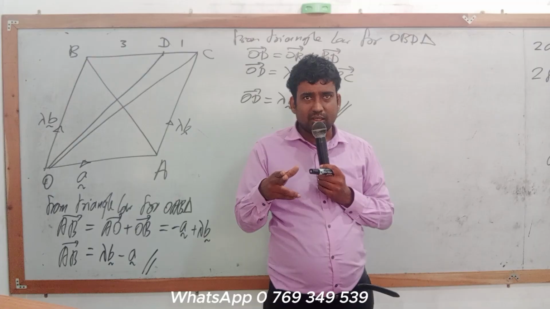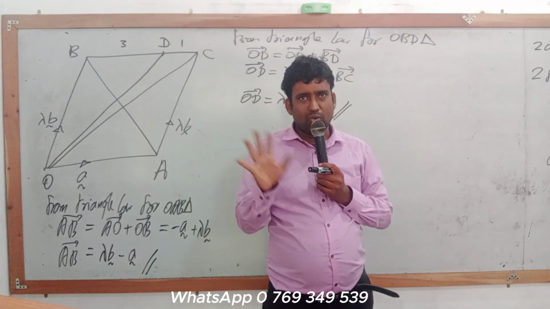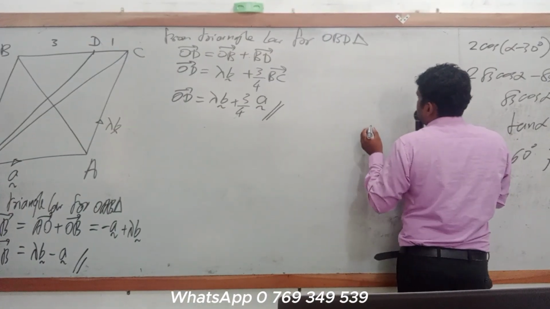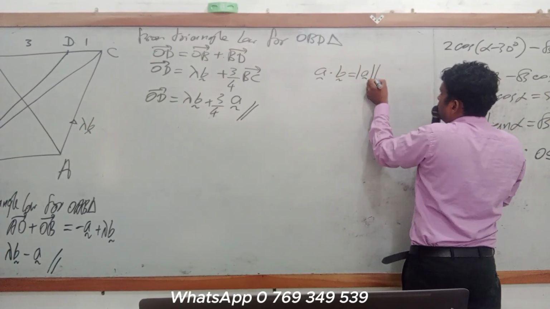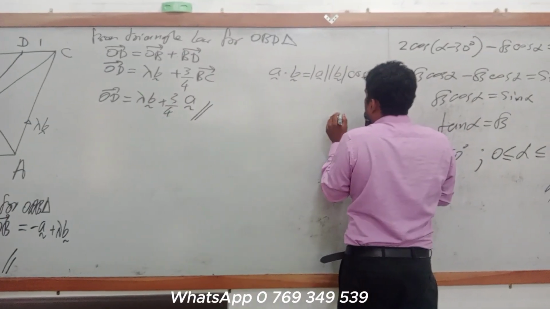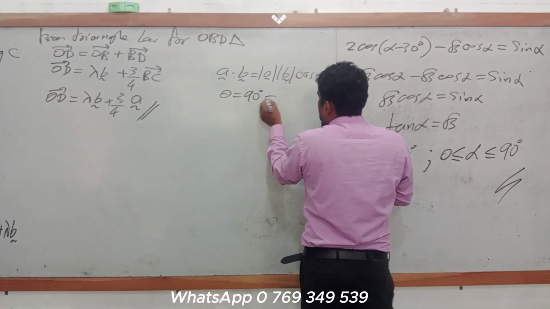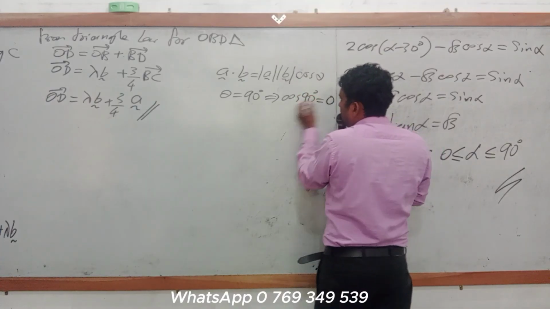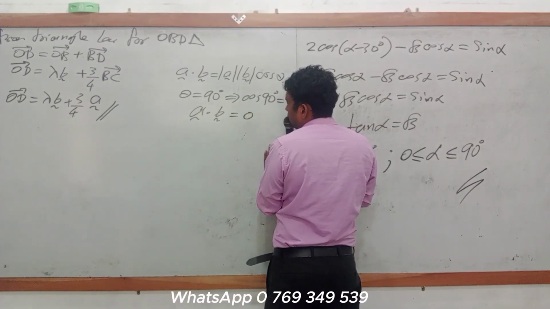From the scalar product, about the perpendicular one, what is the scalar product? A dot B equals modulus A modulus B cos theta. If theta equals 90, then cos 90 equals 0. Therefore, A dot B equals 0.